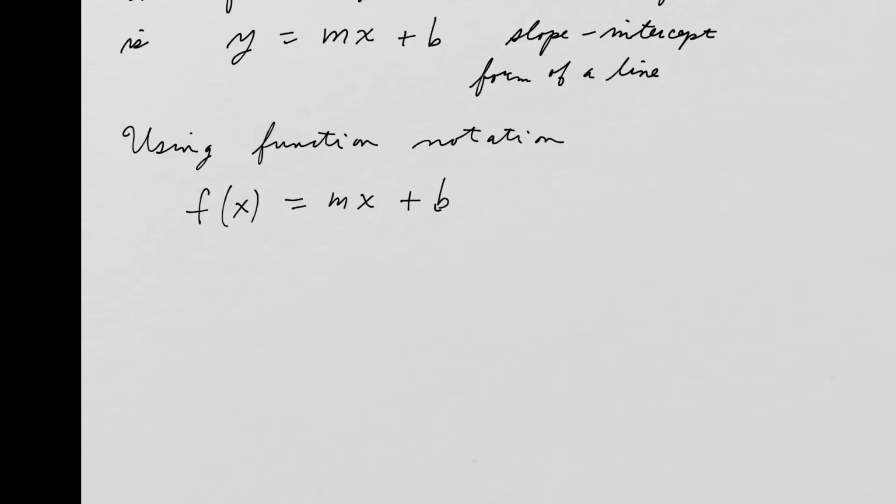Now remember what the m and b stand for, right? The m is the slope, which we can also interpret, at least in terms of applied problems, as being the constant rate of change. So say m is the slope or constant rate of change.